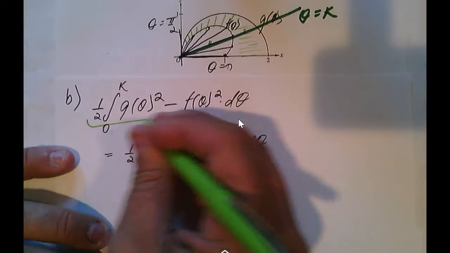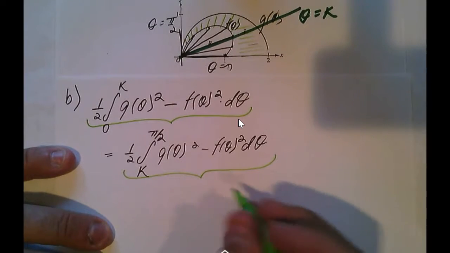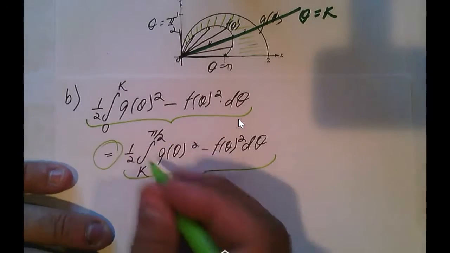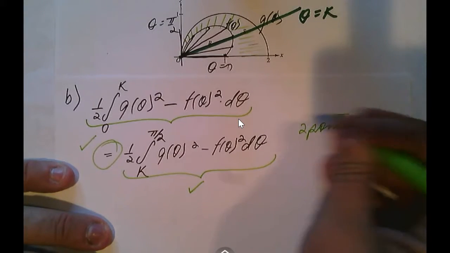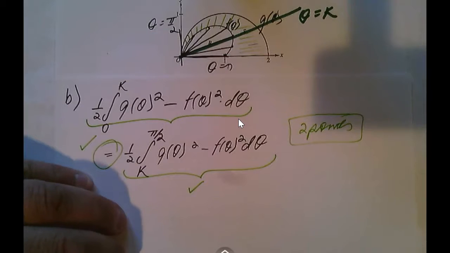Meaning if you had this correct, or if you had this guy here, you earned the first point. Setting the two of them equal to each other in an equation that makes sense earned you the second point. It's a grand total of 2 points. So far, I'm feeling pretty good about this question. Let's see what else they've got in store for us.